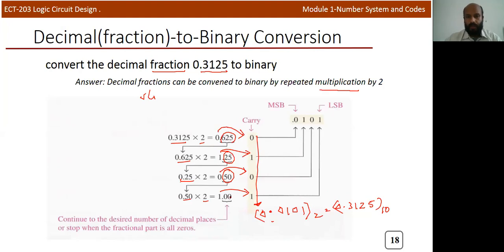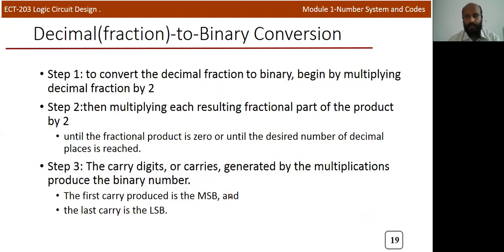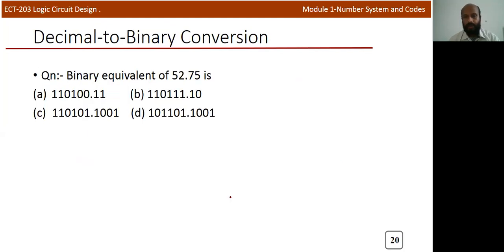And now again the rule here. Now we need to solve a problem, the binary equivalent of 52.75. So actually this contains two parts, whole number and the fractional part. So we'll see how we can approach. You need to take the whole part separately.